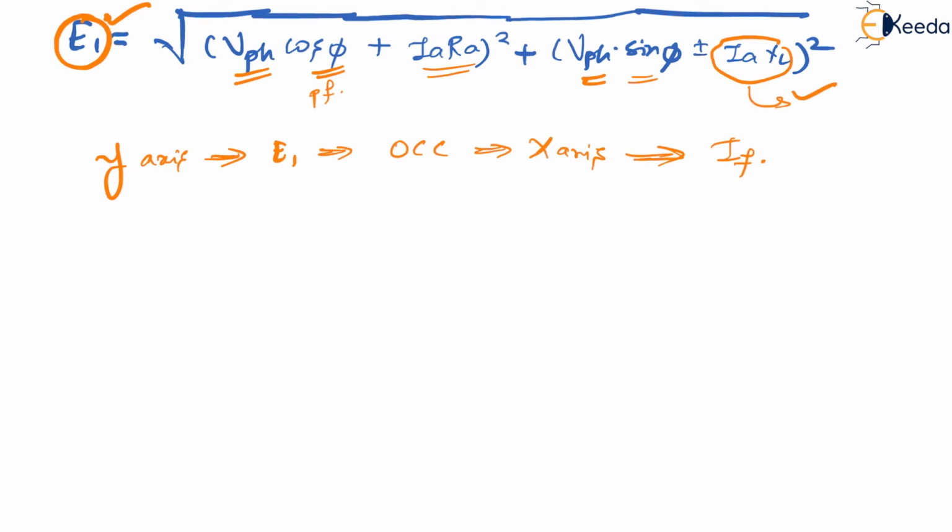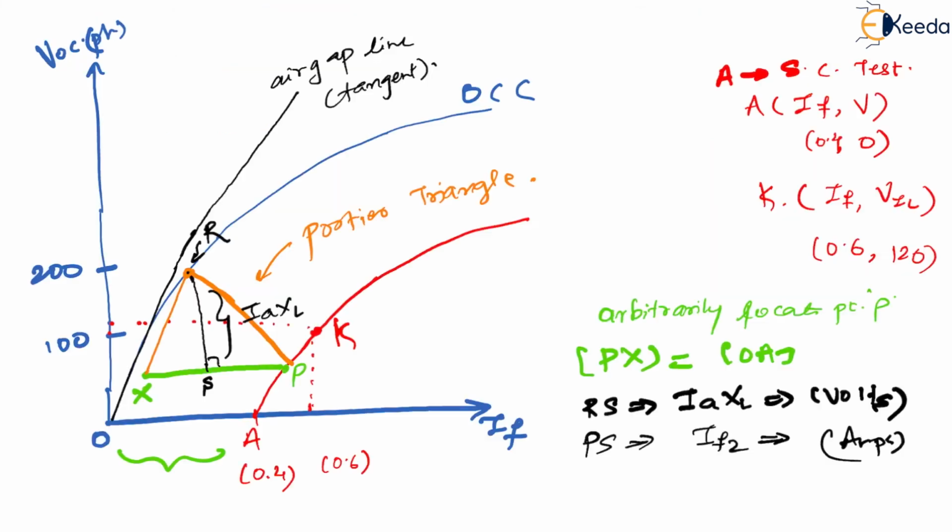That means the field current for E1 that you are supposed to find. So how do you find that? Locate E1 on the y-axis, then go to your OCC characteristics, and once you go to the OCC characteristics, check what the field current is. That's it, correct? This is how you can deal with it.